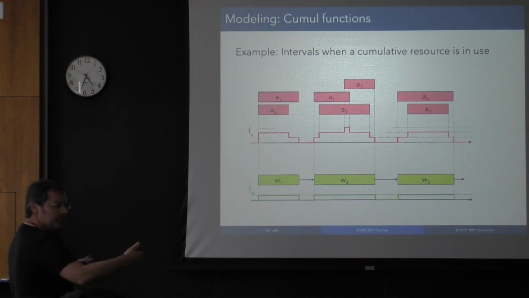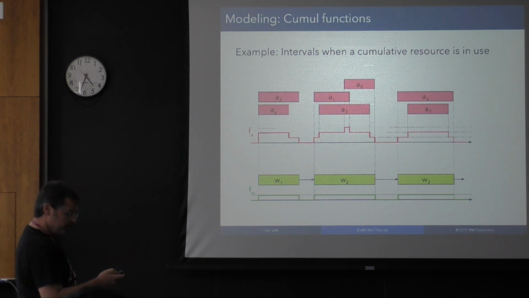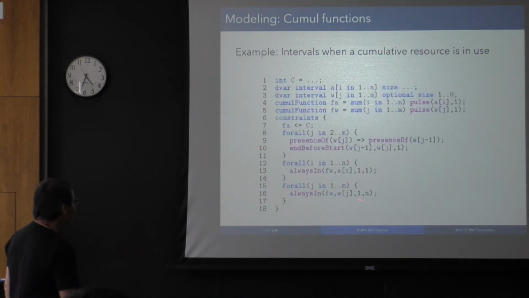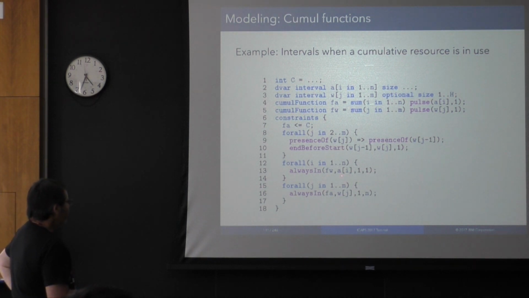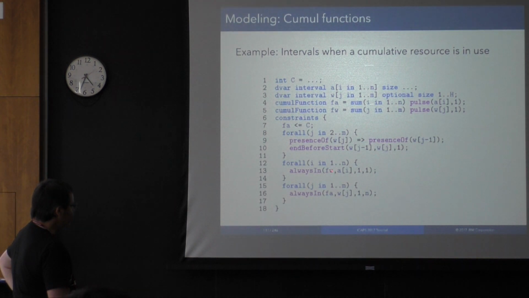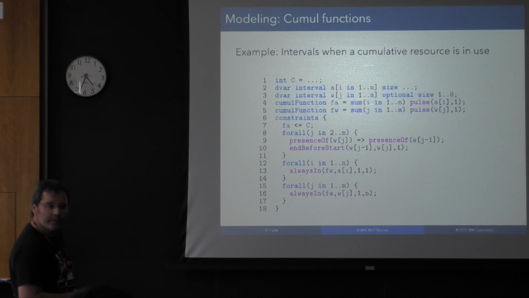But you know that you consider only the first one to be present, and then you will post some always-in constraints saying that during an interval Ai here, so this is the activities, you want the working activity to be always 1. It cannot be 0. You don't want that.